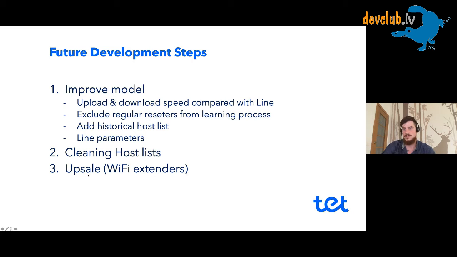involvement of a customer. Or we could offer an upsell for those who have maybe a bigger house or some apartment configuration that does not allow Wi-Fi to be received in all rooms equally, Wi-Fi extenders, something like that. But that's just ideas.